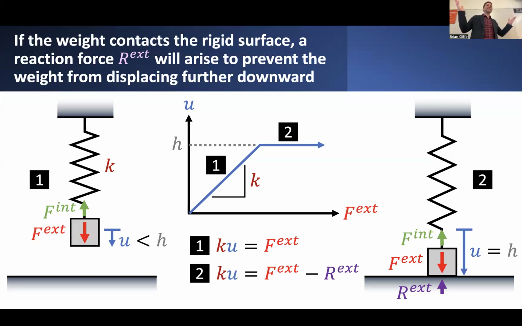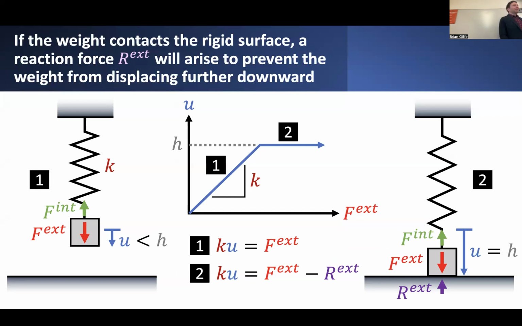But that's not all that happens, because clearly you could imagine what's the resulting sum of forces that acts on this block. Certainly there'll be the external force applied from whatever weight we hung on the end of the spring. There'll be still that internal force due to the stretched state of the spring, which will still be proportional to k times u.